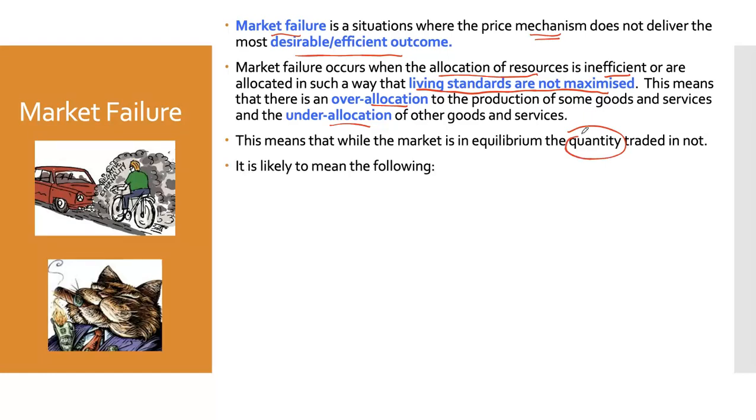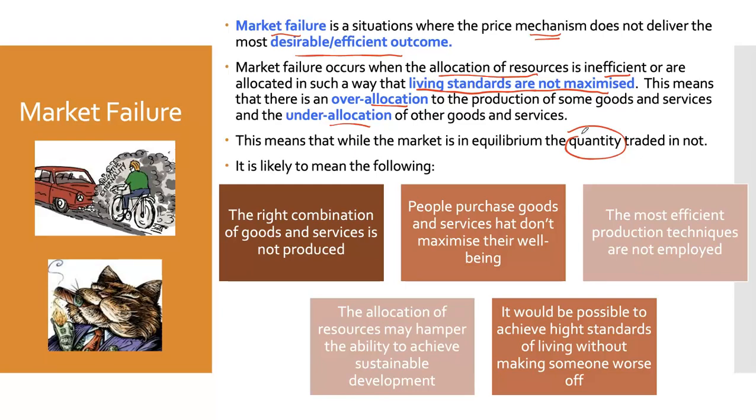It's likely to mean some of the following: that the right combination of goods and services is not being produced. So our composition of what we're making is not the most effective way to direct our resources.